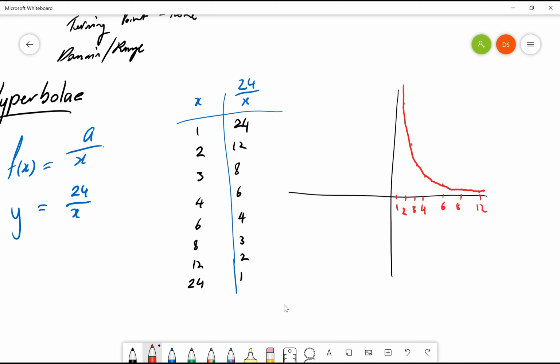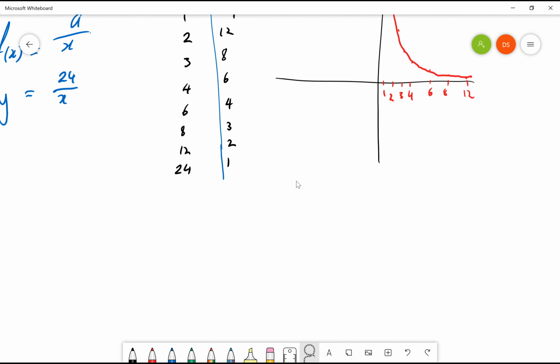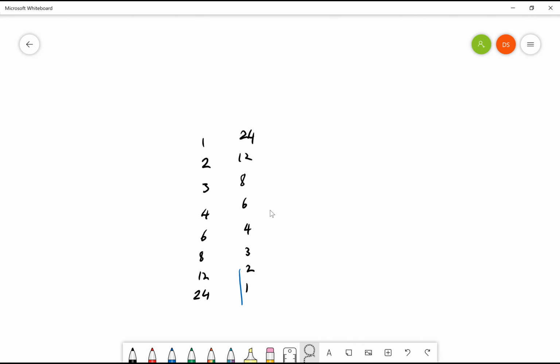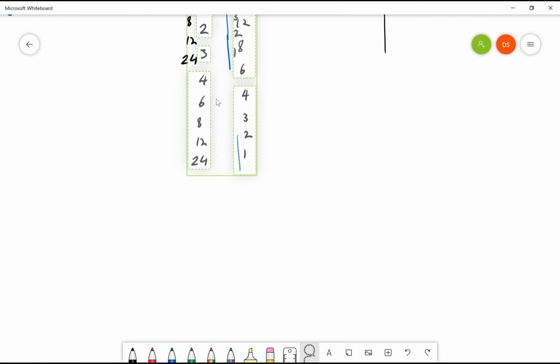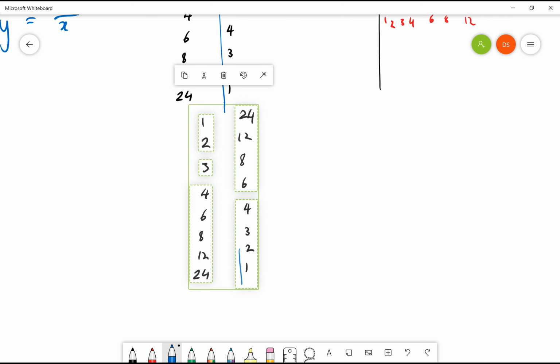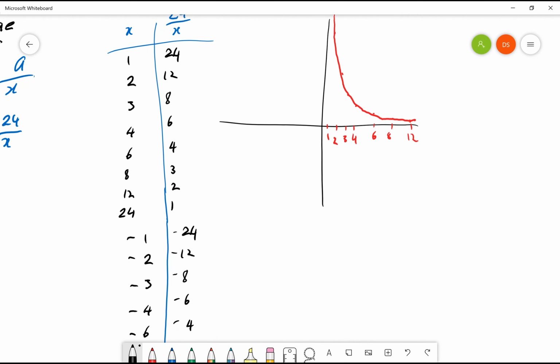But the thing is, if I copied this table, and then I just pasted, and did something weird, and I just plopped it on the bottom of this, and then if I just changed all of these to negatives, then I get a graph that looks exactly the same as this, but negative.